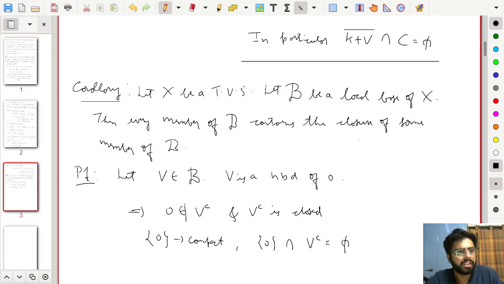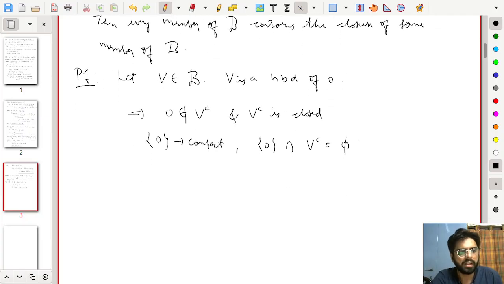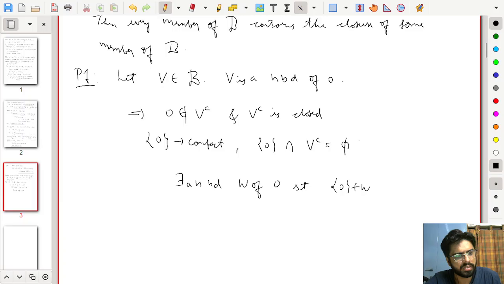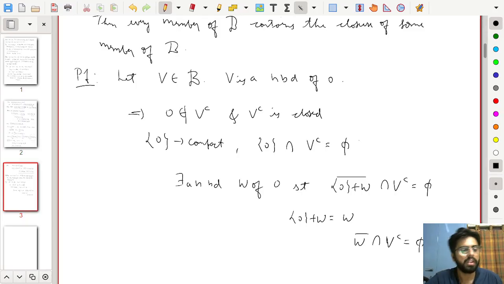So by this note and by the previous theorem, there exists a neighborhood W of 0 such that the closure of singleton 0 plus W intersected with the complement of V is empty, right? But singleton 0 plus W is nothing but W, because we are adding nothing to W. So we get that the closure of W is contained in the complement of V; the closure of W intersected with the complement of V is empty.